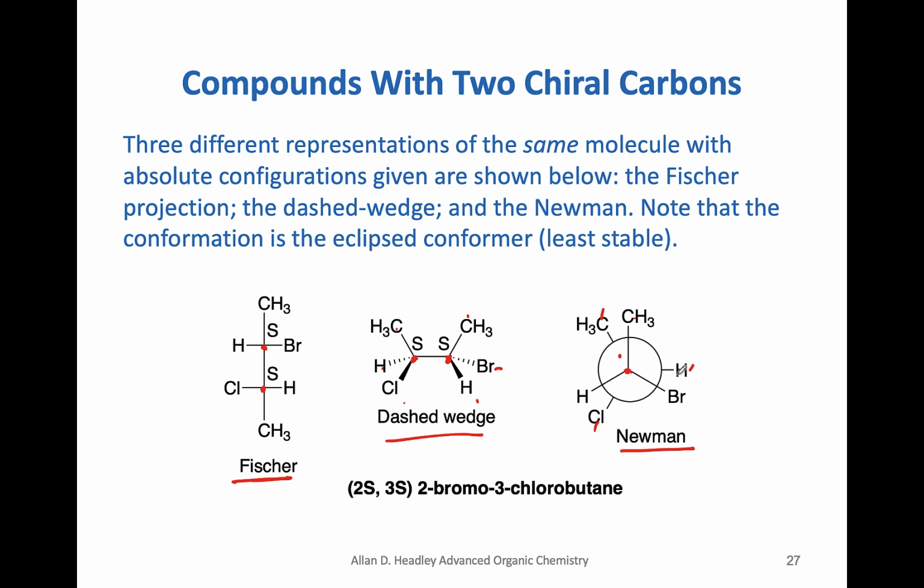So again, you should be very comfortable in using any one of these three representations to communicate the three-dimensional arrangements of groups around an atom. So the name of this molecule here would be 2S,2S because of the absolute configuration here.